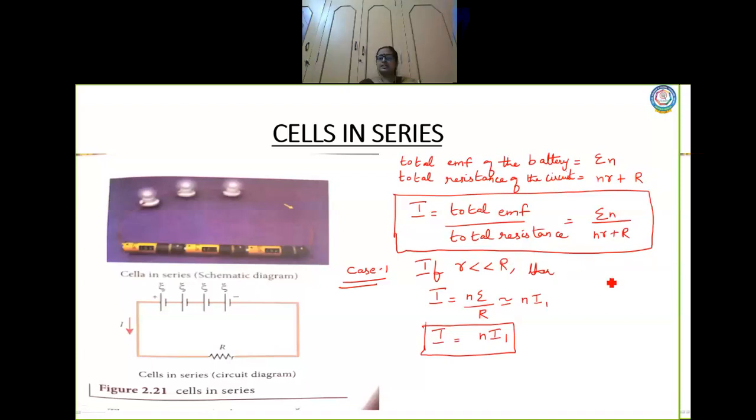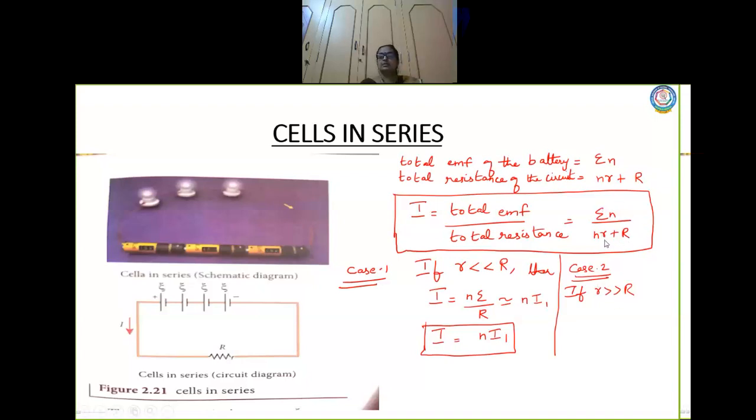Now let us move on to the second case. What is the second case? I will write here case 2. This time we take small r to be much greater than capital R. In that case, which term will not be there in this equation?